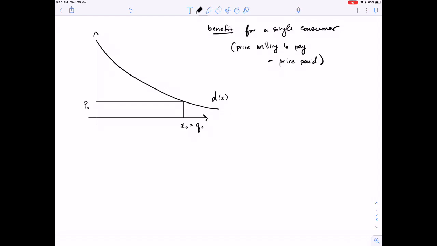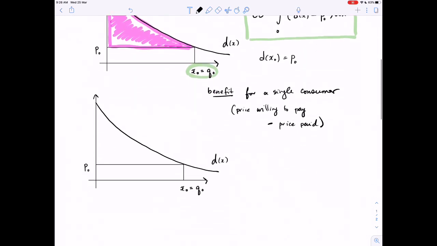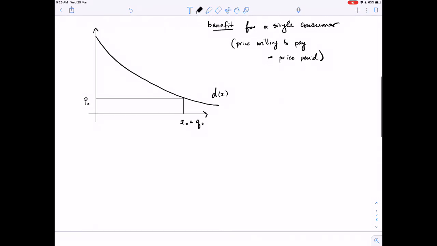And these prices are per unit. These are unit prices. So that means we need to multiply these prices times the number of units.